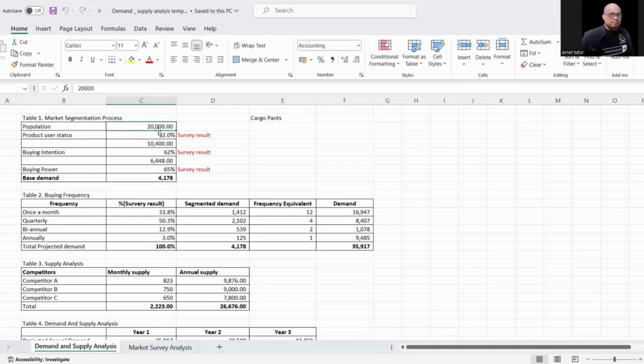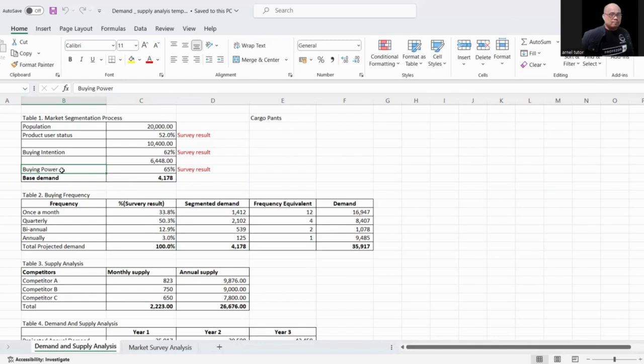Out of 20,000 population, 52% based on the survey result use cargo pants products. That would be 10,400 out of 20,000 who are users of cargo pants products. For the buying intention, 62% means that out of 10,400, there are only 6,448 customers who are willing to buy or repurchase cargo pants products.